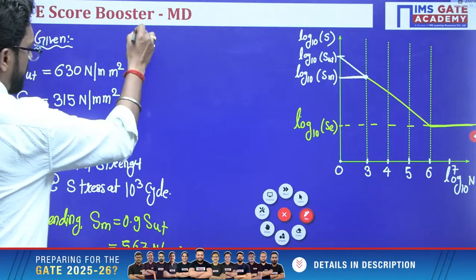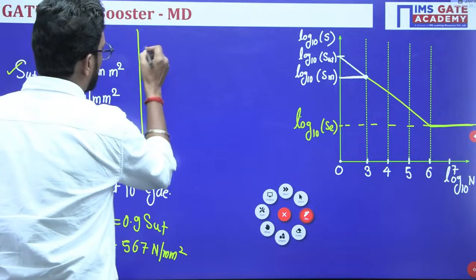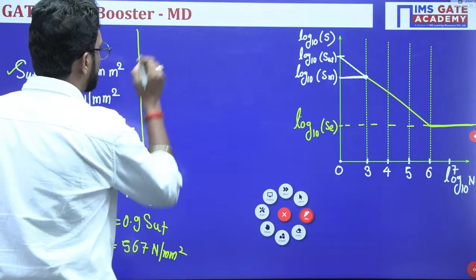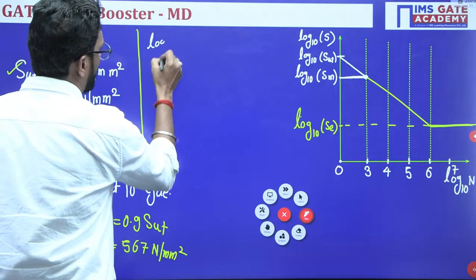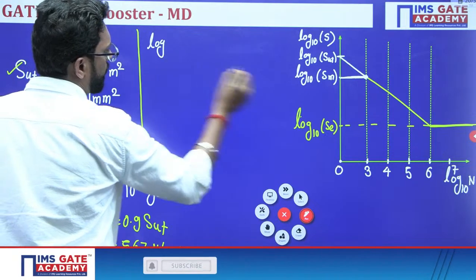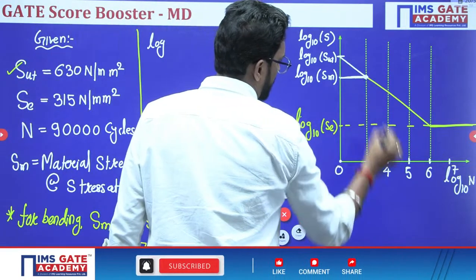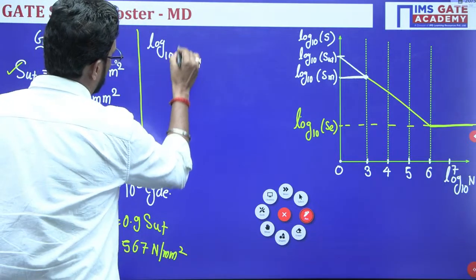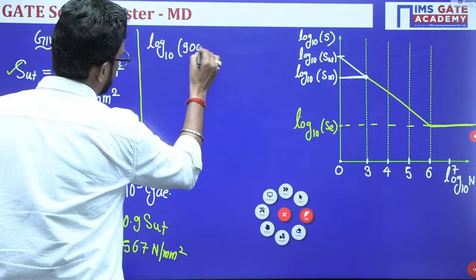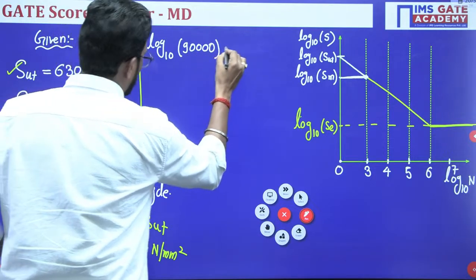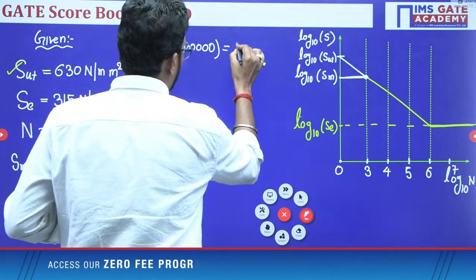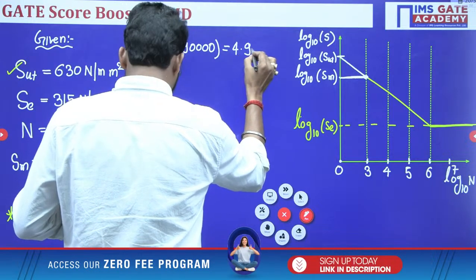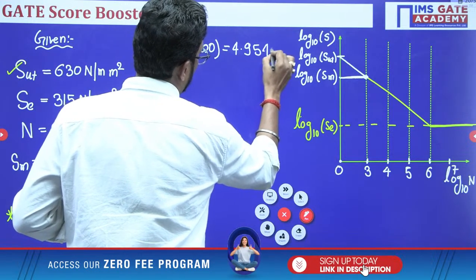So we have to find each term in the form of log. We start here. Log base 10 of the number of cycles, 9,000. How much is it? This is 4.9542.